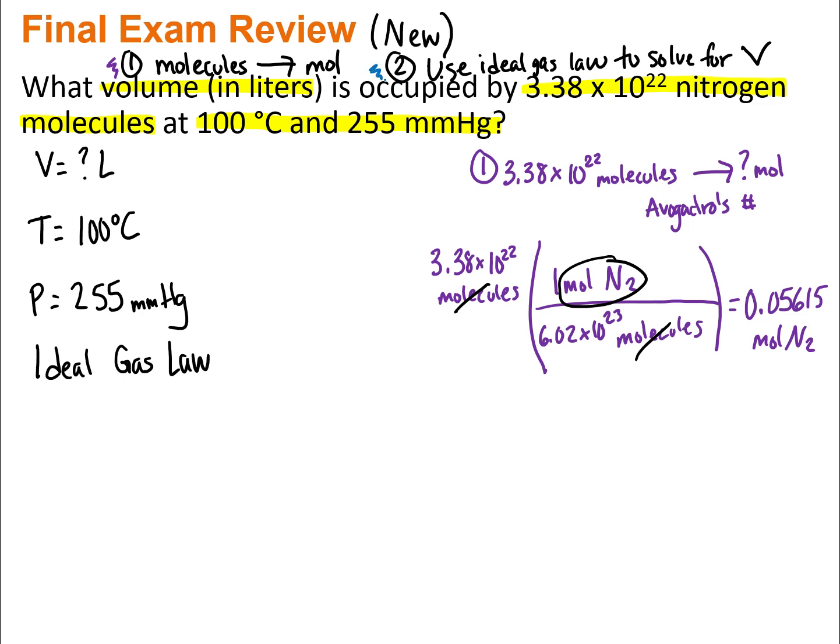We'll do the second part in blue. The ideal gas law, again, PV equals nRT. The R is a constant.